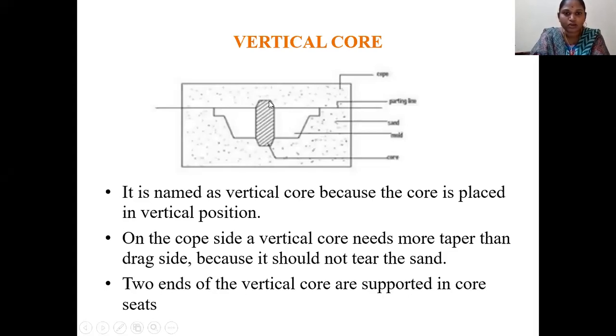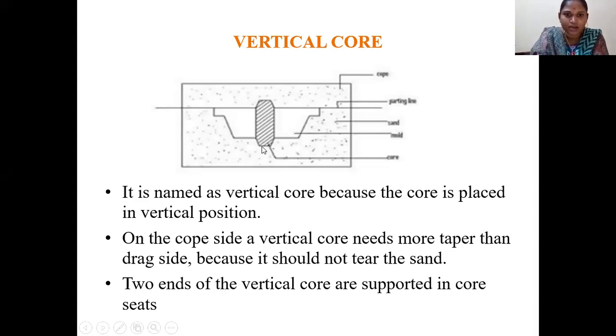Why? Because in order to remove the core outside from the mold cavity, previously I said that the taper section is more in the drag side, but it's wrong. On the cope side, the taper section of the core is large.